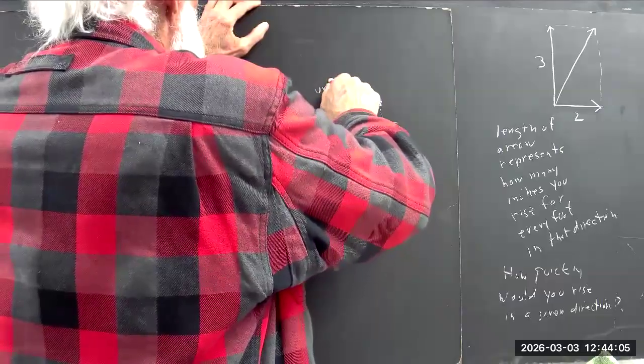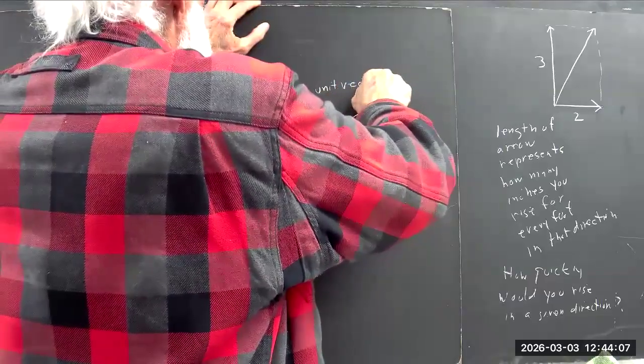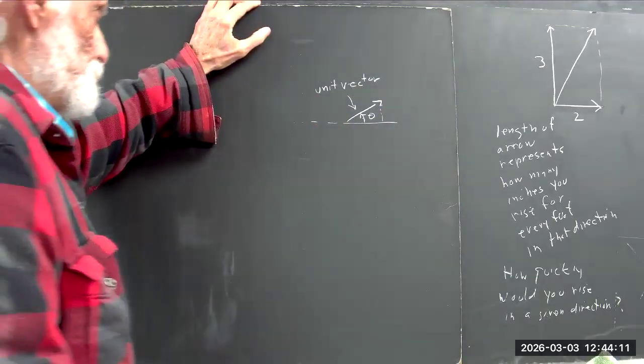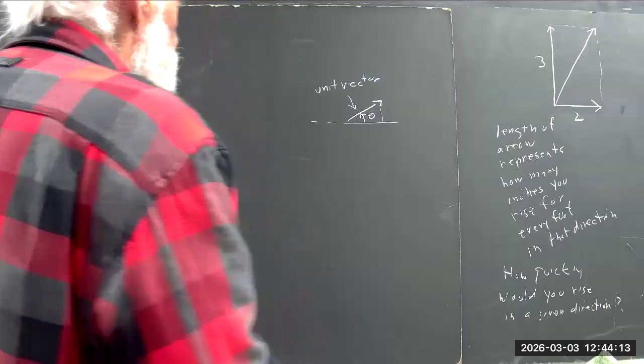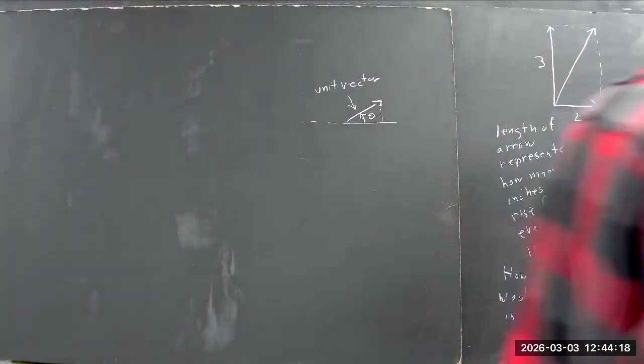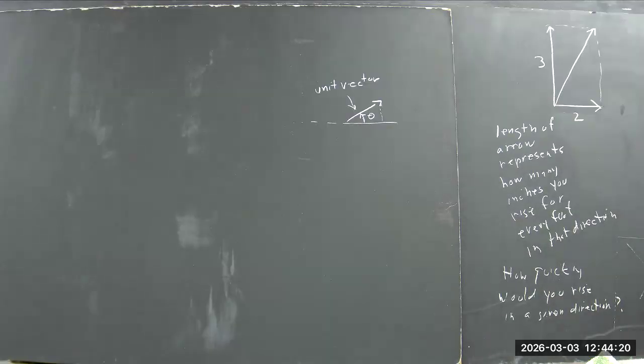Let's just say this arrow is the unit vector. Think about it for a minute. How far would you rise if you went 1 foot along that unit vector?